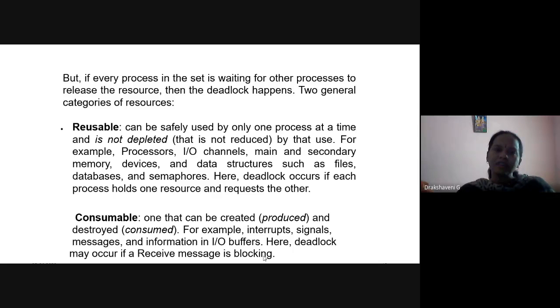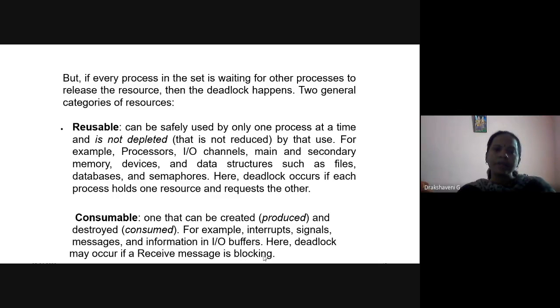But if every process in the set is waiting for another process to release the resource, then deadlock happens. Deadlock happens when you keep calling and waiting, and he is also waiting. There are two general categories of resources: reusable and consumable.